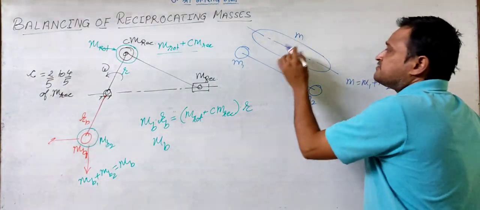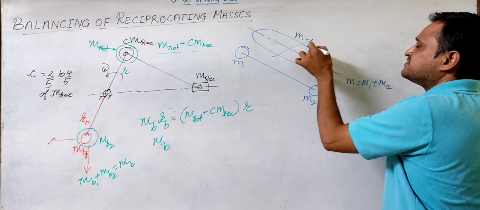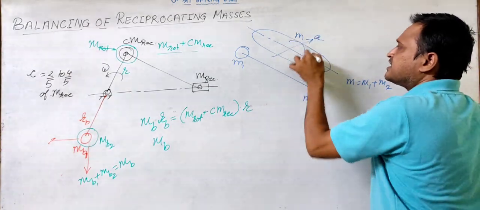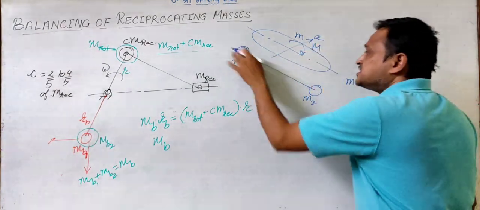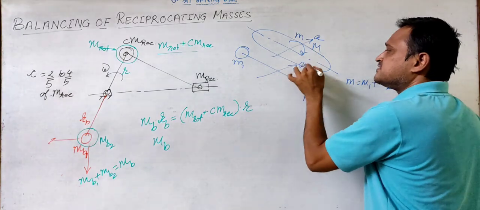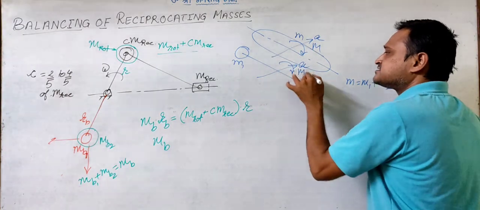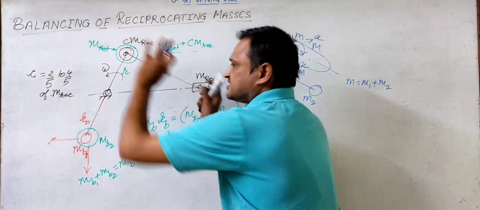So if at a given instant it is having some acceleration A and a moment M, this equivalent mass is also having the same acceleration and same moment, and we place it here.